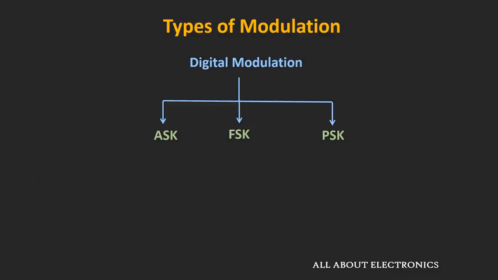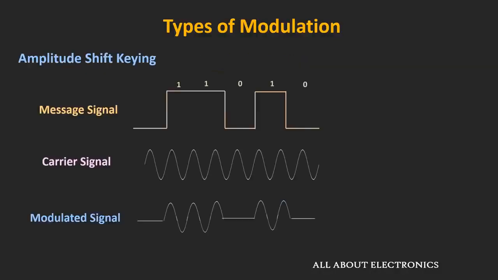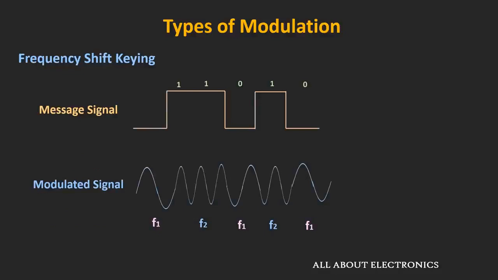In all these digital modulation schemes, the message signal is in digital form. Amplitude shift keying is a form of digital amplitude modulation where the amplitude of the modulated signal changes according to the digital bit stream. In this scheme, the binary signal 1 is represented by a fixed amplitude of the carrier wave, while the binary 0 is represented by 0.